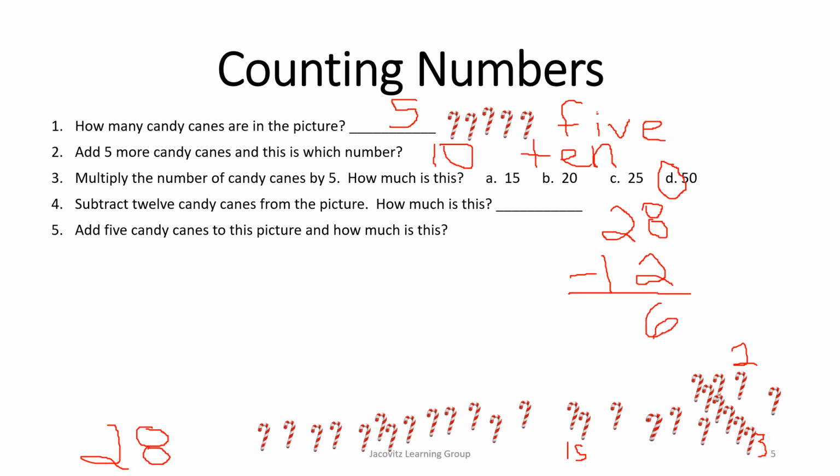Count backwards. 7, 6. And 2 minus 1 is 1, so 16. And if you think your math is off, you just go 16 plus 12. And that should come out to 28.